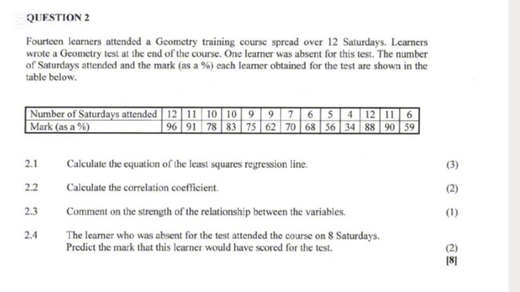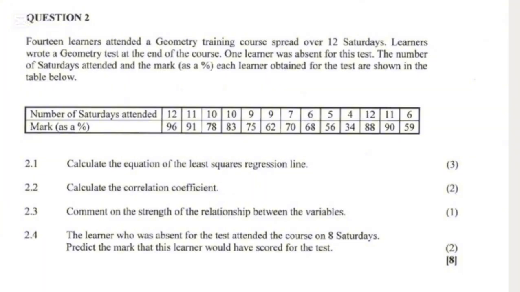14 learners attended a geometry training course spread over 12 Saturdays. Learners wrote a geometry test at the end of the course. One learner was absent for this test. The number of Saturdays attended and the mark as a percentage each learner obtained for the test are shown in the table below.